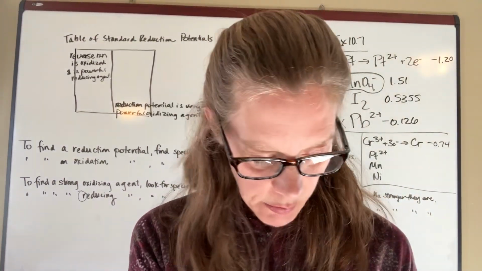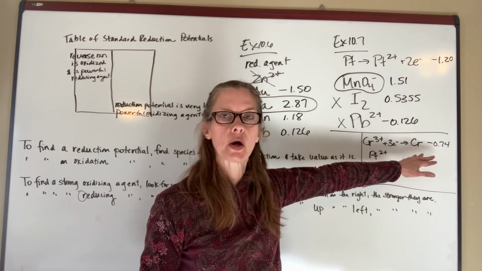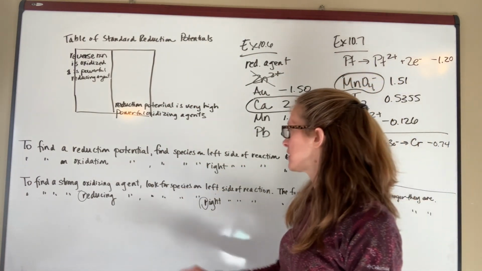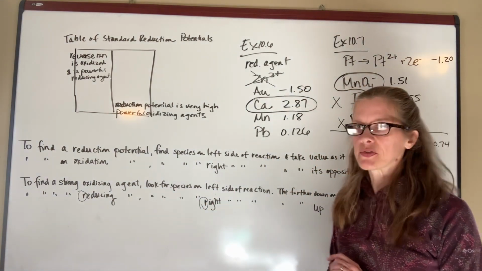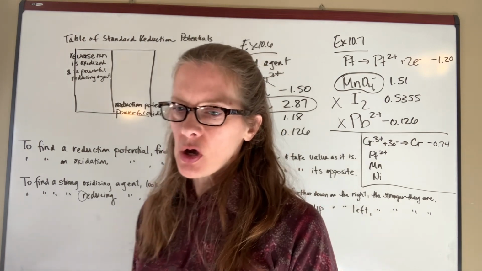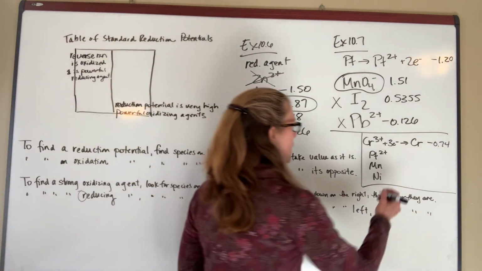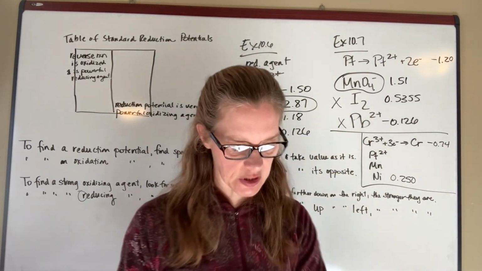And so, since this is being reduced, I want a strong oxidizing agent. To find an oxidizing agent, I have to look for the species on the left side. So if I look at the nickel, I'm going to have a 0.250.